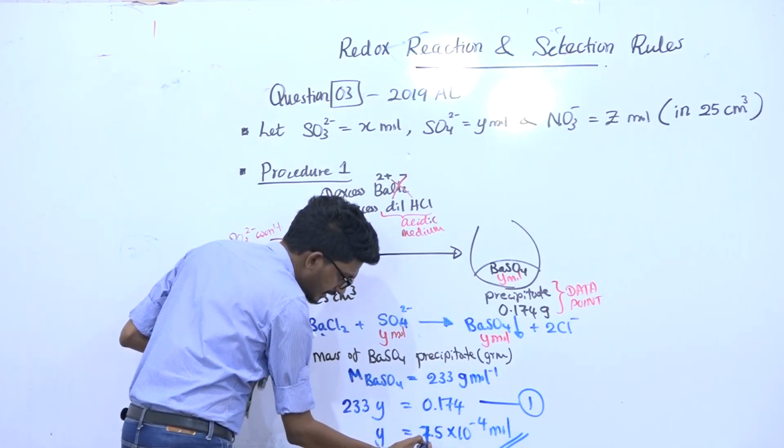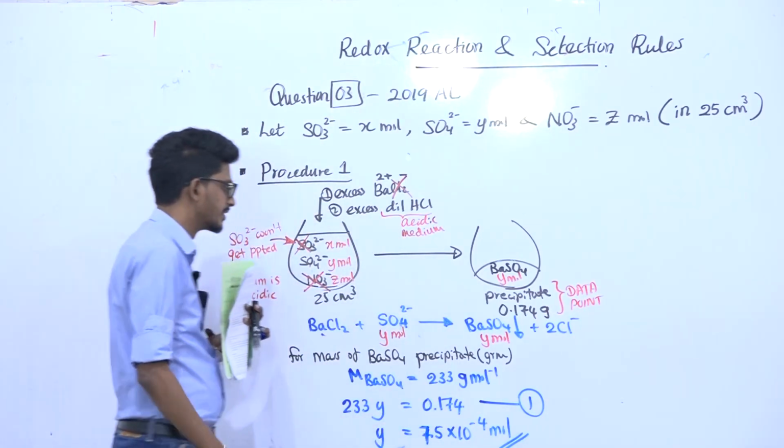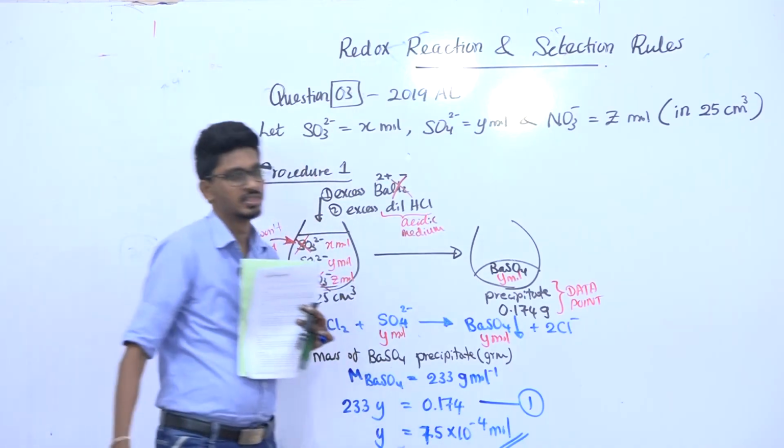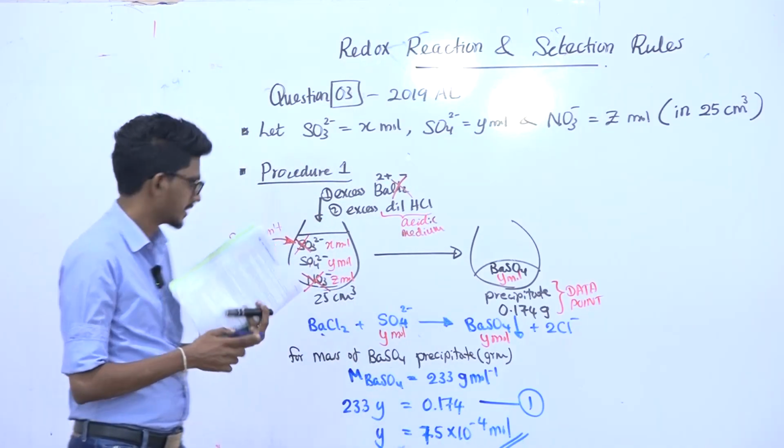The first procedure is done, the data point and the simultaneous equation are also done for the first procedure. Right, let's come up with the second procedure now.